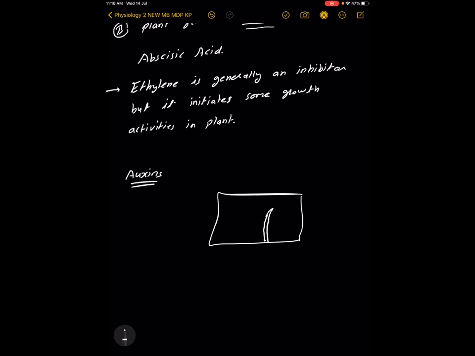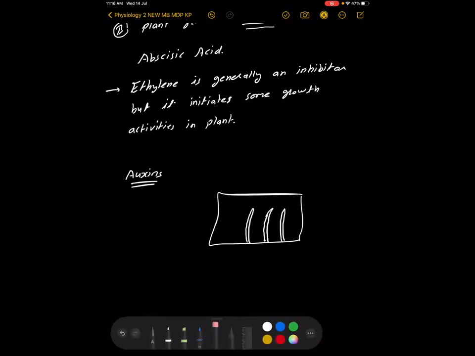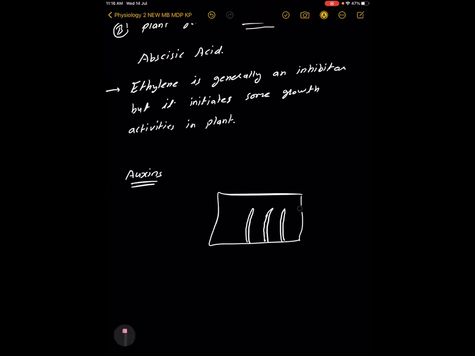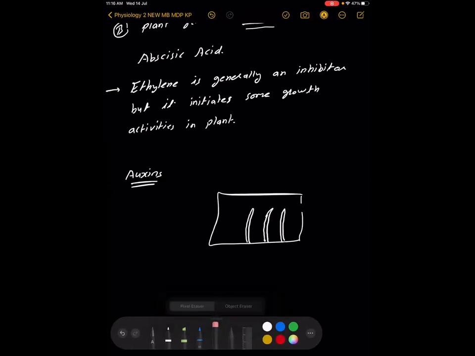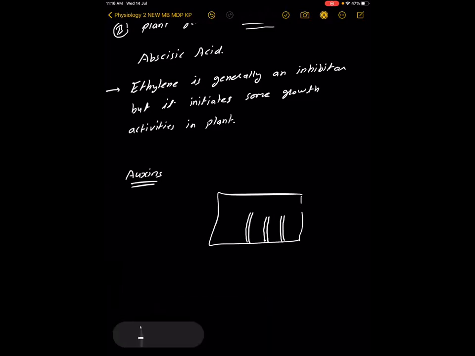These are different coleoptiles. The coleoptile tips show curvature towards light, like this.